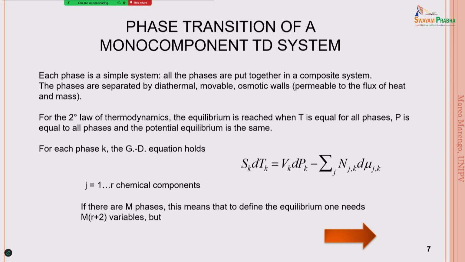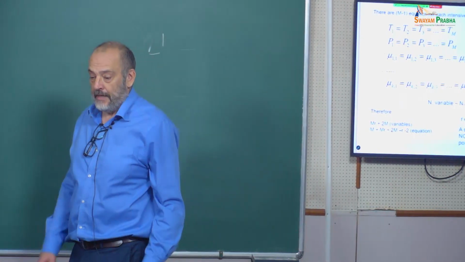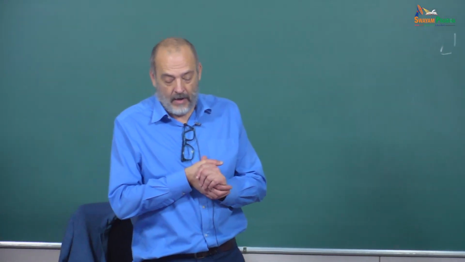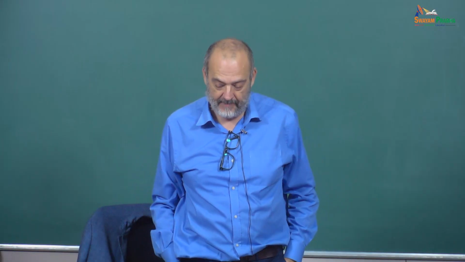Okay? So of course the Gibbs-Duhem is not enough, but since the walls are, let's say, diathermal, osmotic, and movable, we have the equations for the equilibrium. So for each intensive variable, the temperature in one phase is equal to the second one, and so on until the m phases, if we have m phases.